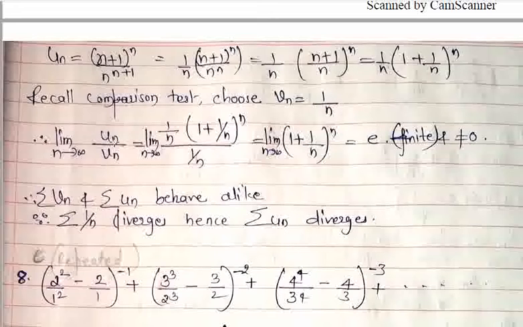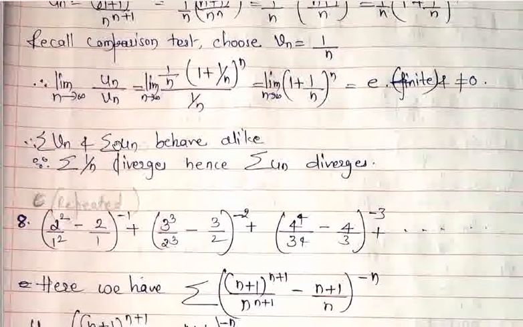You use the comparison test, un divided by vn. You're going to get this, which is e, multiplied by finite and not equal to 0. So un and vn behave alike. As sum of 1 by n diverges, hence sum of un diverges.